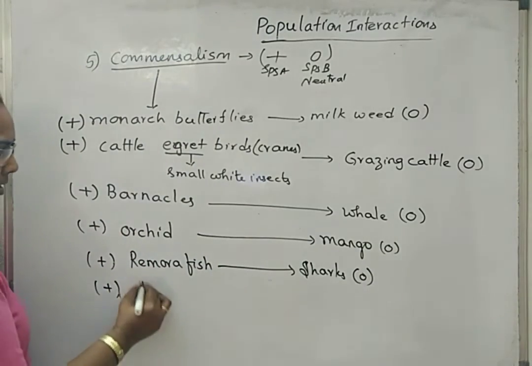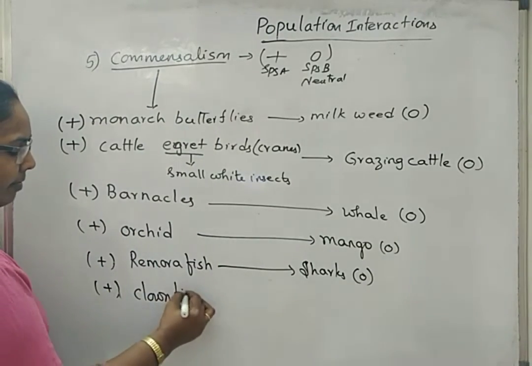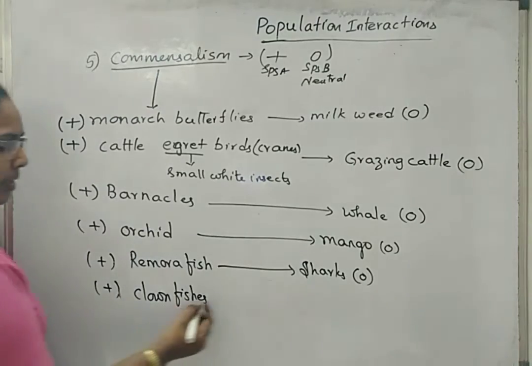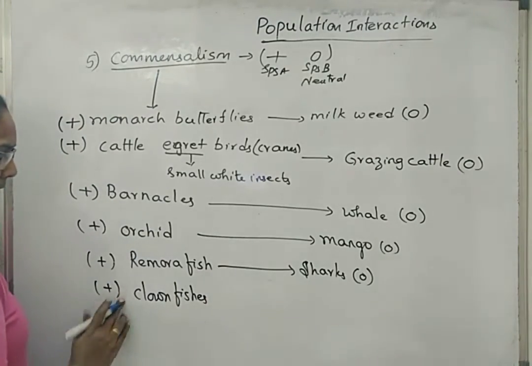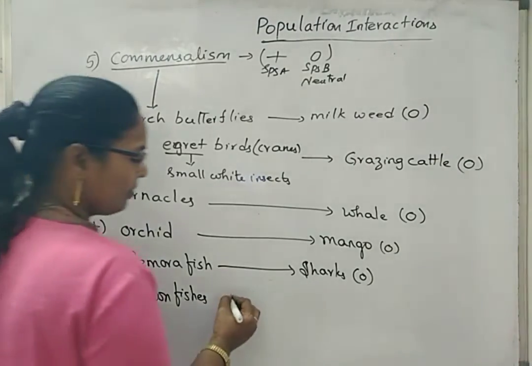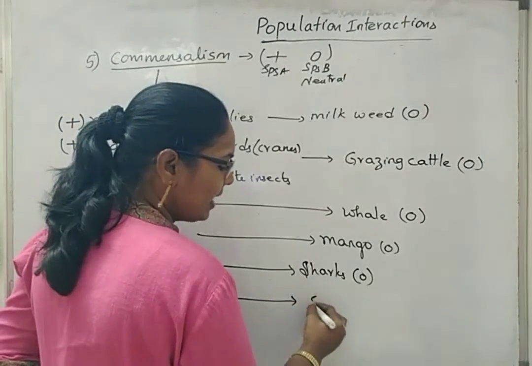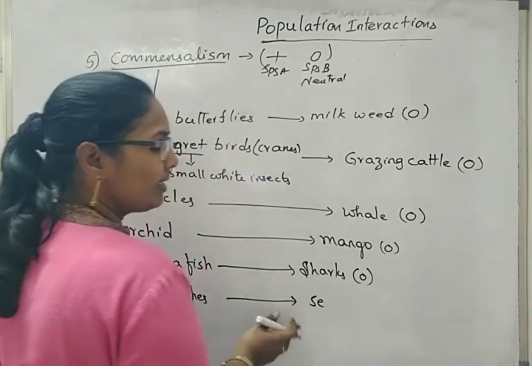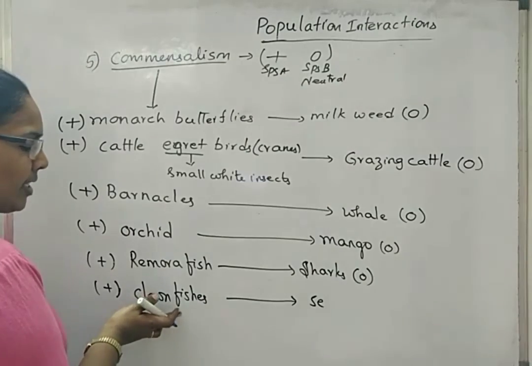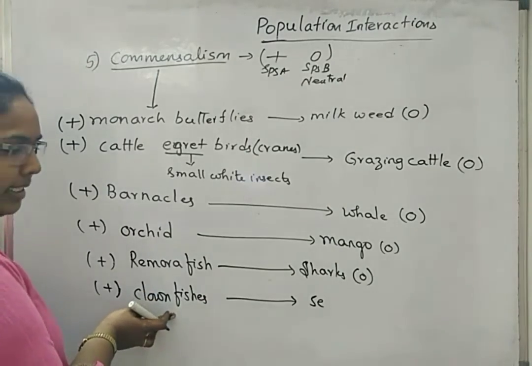Another example is clownfishes. So these clownfishes are getting protection from the predators by surviving in the sea anemone. Though the sea anemone tentacles are sticky, these clownfishes are not having any harm because of that stickiness.